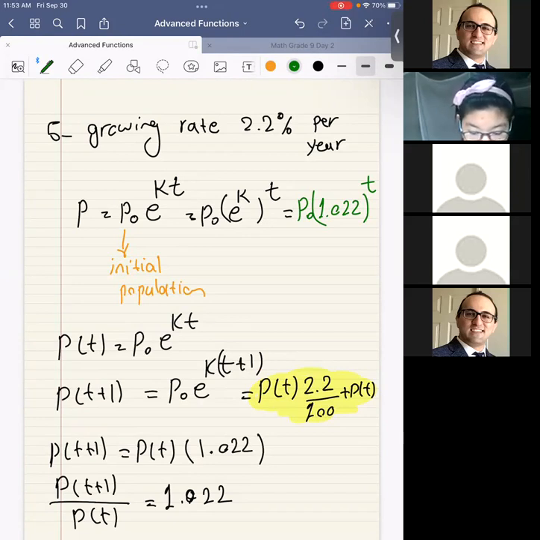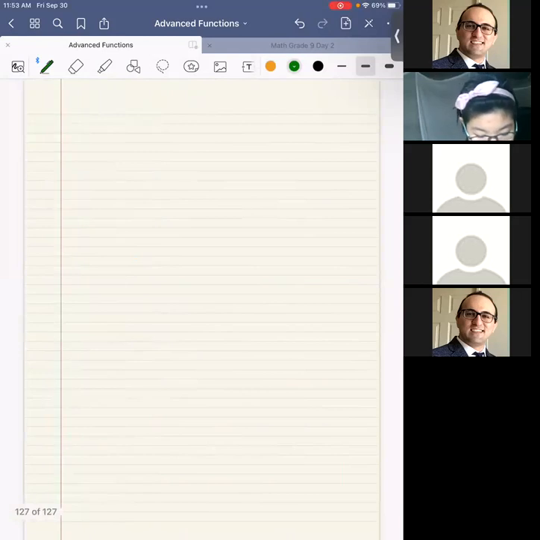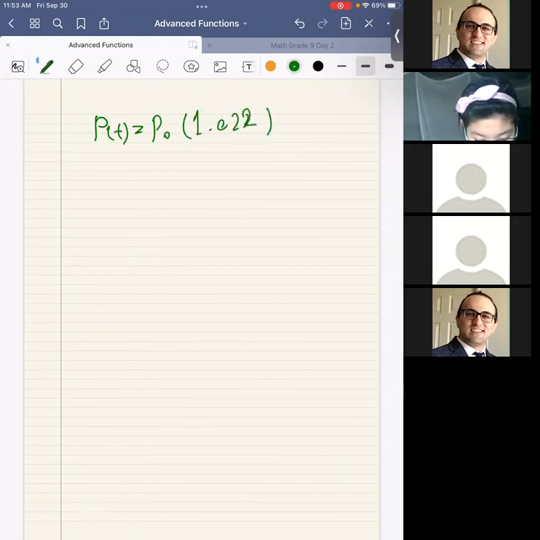So the important lesson is: whenever you have exponential growth and the rate of growth is like here, like 2%, then the equation for the population is P0 times 1.02 to the power t. So we have the equation P of t is equal to P0 times 1.022 to the power t.